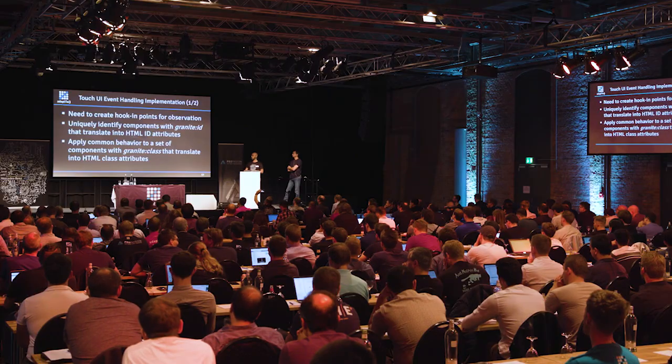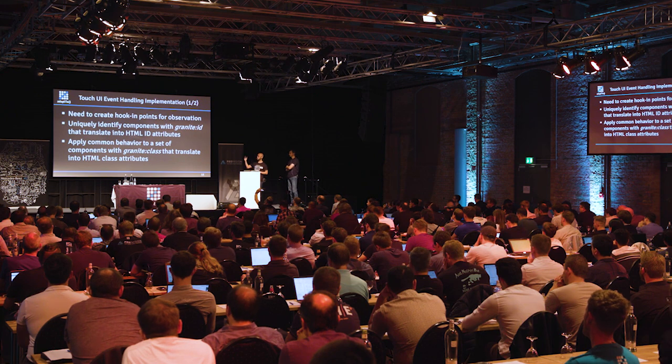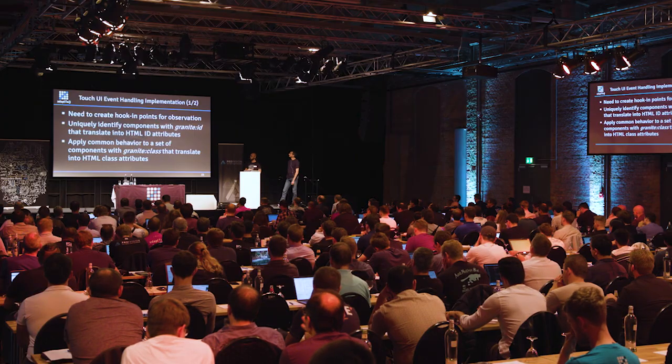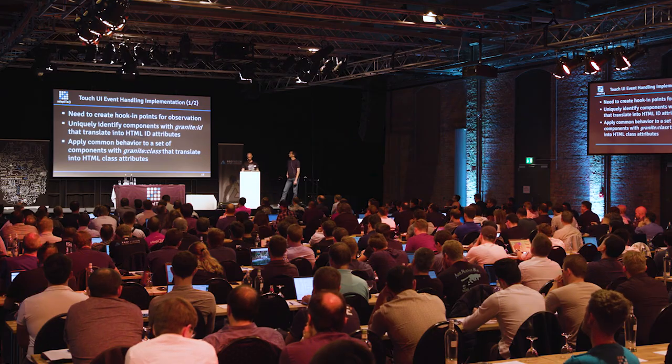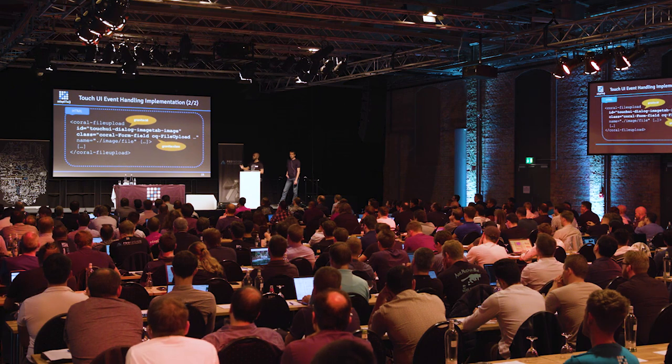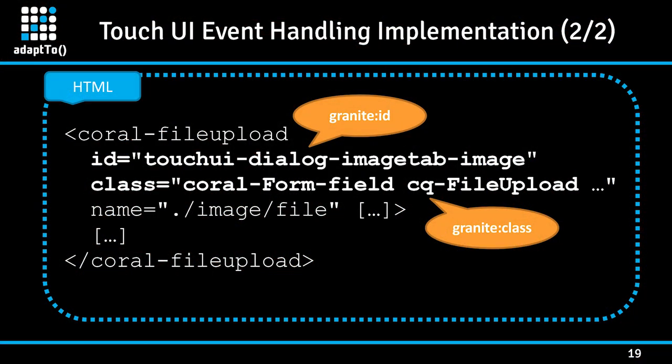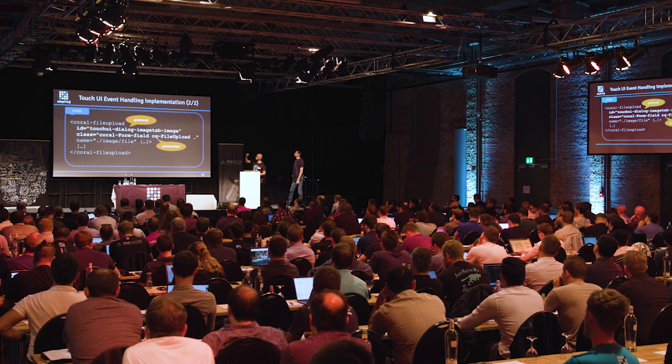But imagine that you want to apply the same behavior to both the text field I showed previously and your custom component. Then, in order to do that, you use a Granite class that will translate into an HTML class attribute. And here we have the HTML example. As an example, we use the Coral UI HTML5 file upload component, and then we have here our ID, which was translated from our Granite ID.